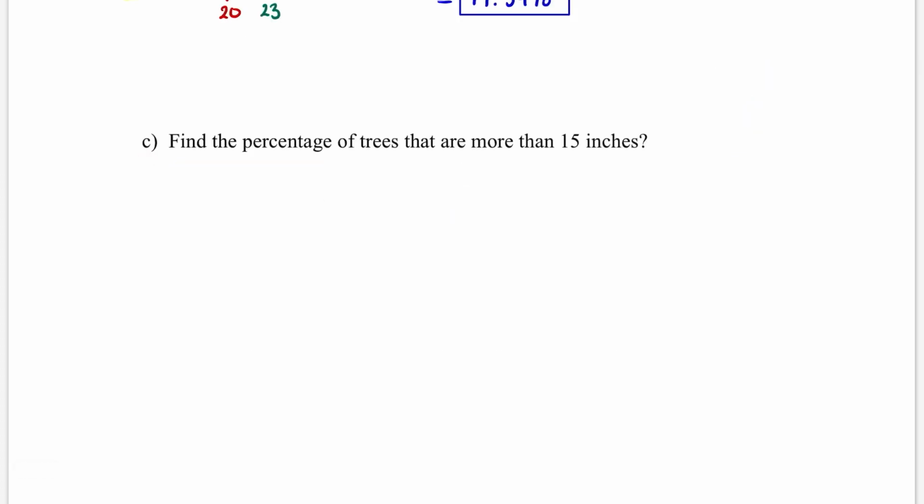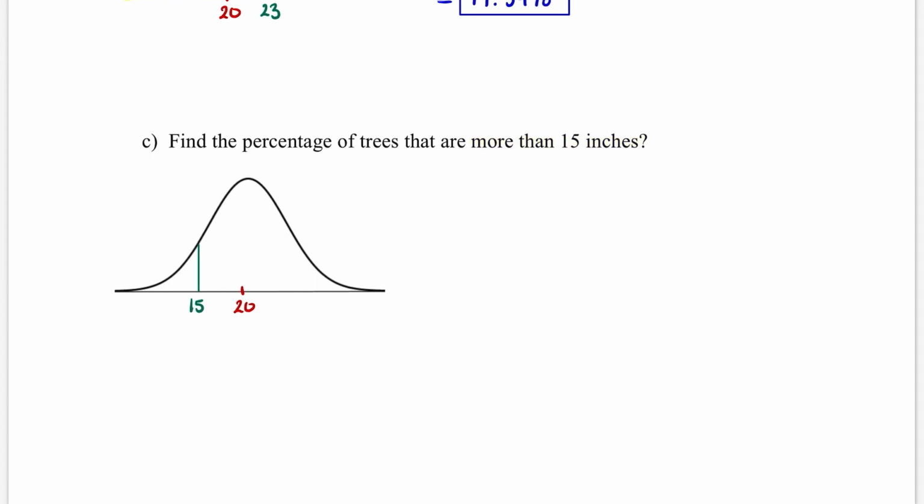Question C. Find the percentage of trees that are more than 15 inches. I have a normal distribution with mean of 20. 15 inches is less than 20, so 15 is to the left of 20.